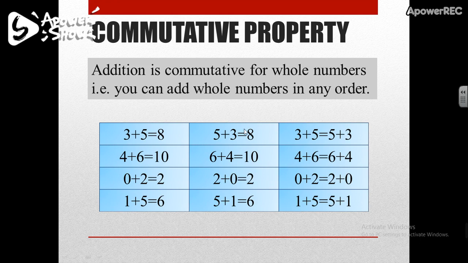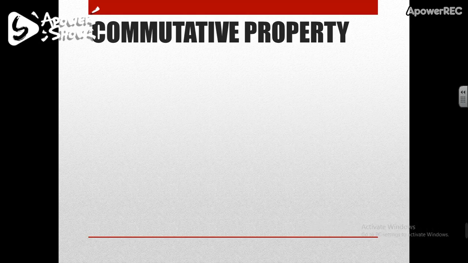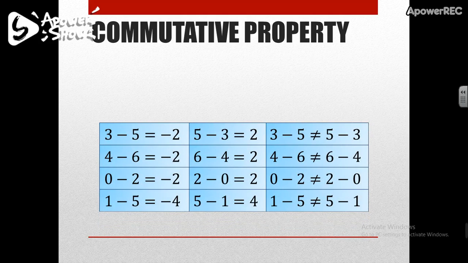Now let's check whether subtraction is commutative for whole numbers or not. So we are checking commutative property for subtraction. Again I am taking some examples to prove whether commutative property is true for subtraction or not. In the first one I am subtracting 5 from 3. So 3 minus 5 equals minus 2.